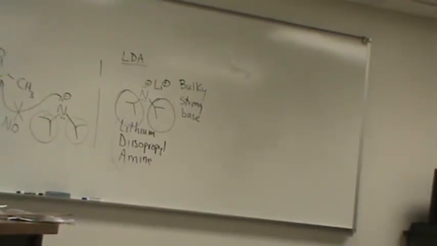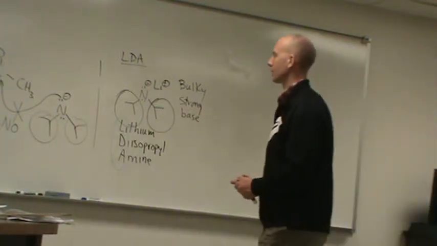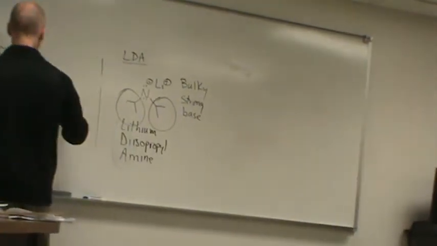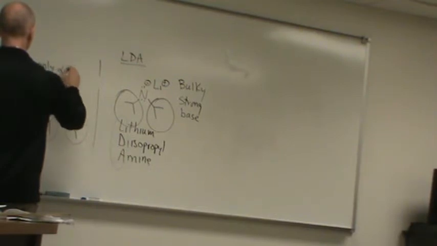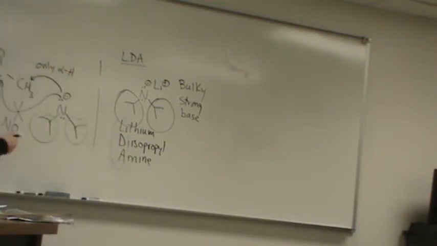You say, well, why would you want to prevent that reaction? Where else could it attack? The alpha hydrogen. Very good. So write it down. LDA only goes after the alpha hydrogen.